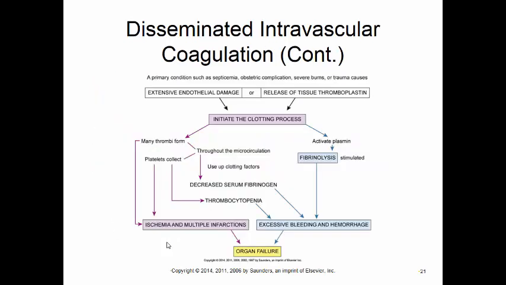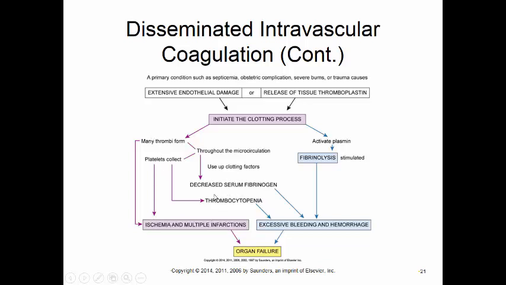So you can see the process. There is some kind of extensive endothelial damage or the release of tissue thromboplastin, and this initiates the clotting process. So a lot of thrombi form, they get used up, and it causes ischemia and multiple infarctions.